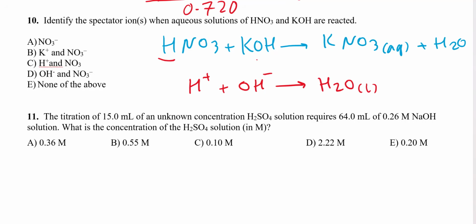So H, OH, and water are our main reaction. So nitrate and potassium are just balancing the charge in the reactants and product, and they are spectator ions. So the answer is B.